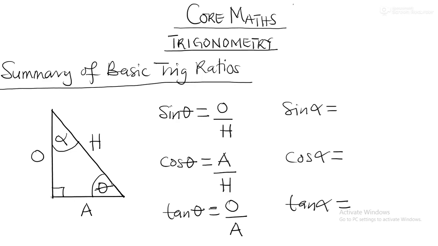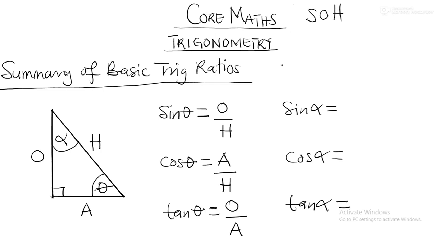So now, how do we remember these ratios? There's a way of remembering them. We link the first letter with its ratio. With sine, we are going to have SOH.